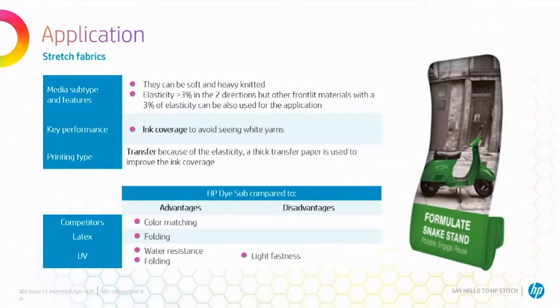So in this case, you want to be sure that you use a lot of pressure when you're transfer printing, and you might want to slow down your heat transfer a little bit. Slow down that time a little bit, allow the ink to jet into the material as best as it can. Advantages, disadvantages, color matching, folding, water resistant, stuff that we've been talking about, and again, color fastness.